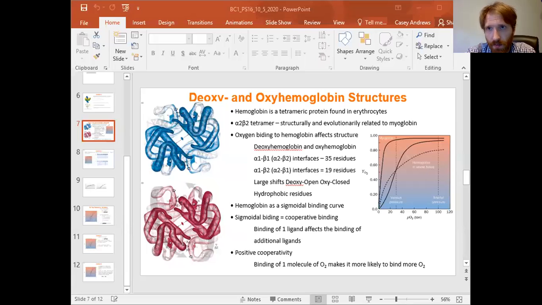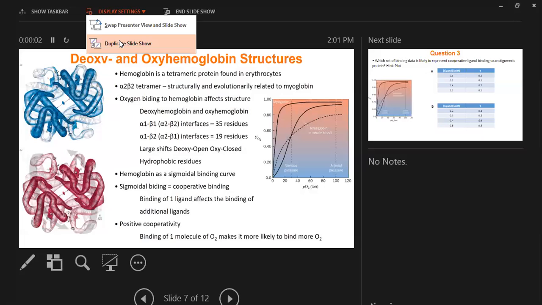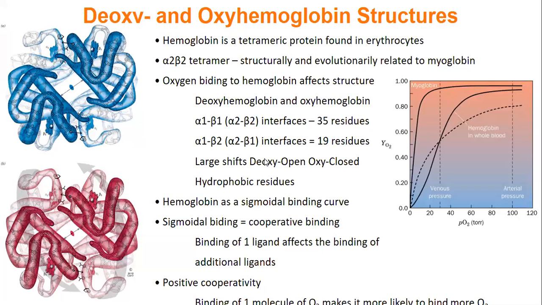What we were talking about on Wednesday was hemoglobin, just starting to talk about how hemoglobin basically works. So just a quick refresher on that. Hemoglobin is made out of 4 subunits, so it's a tetramer. And it has 4 oxygen binding sites, so 4 hemes.